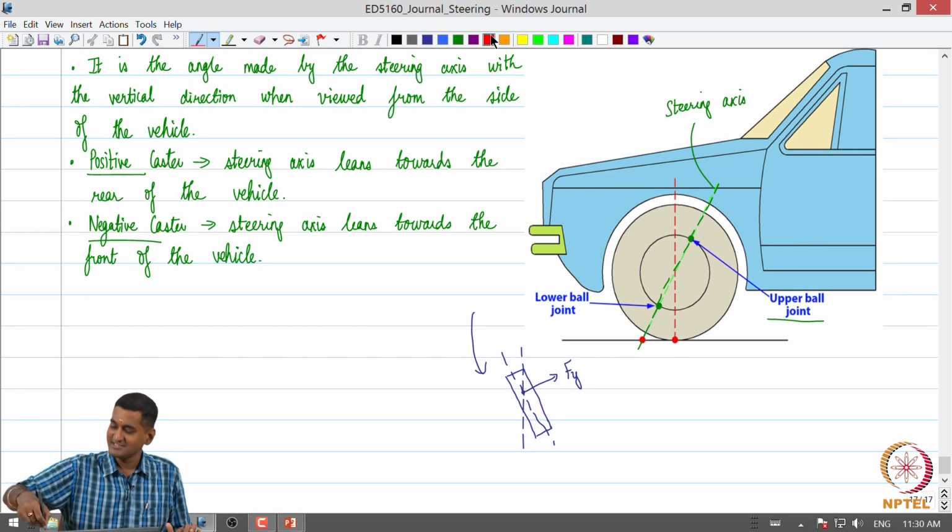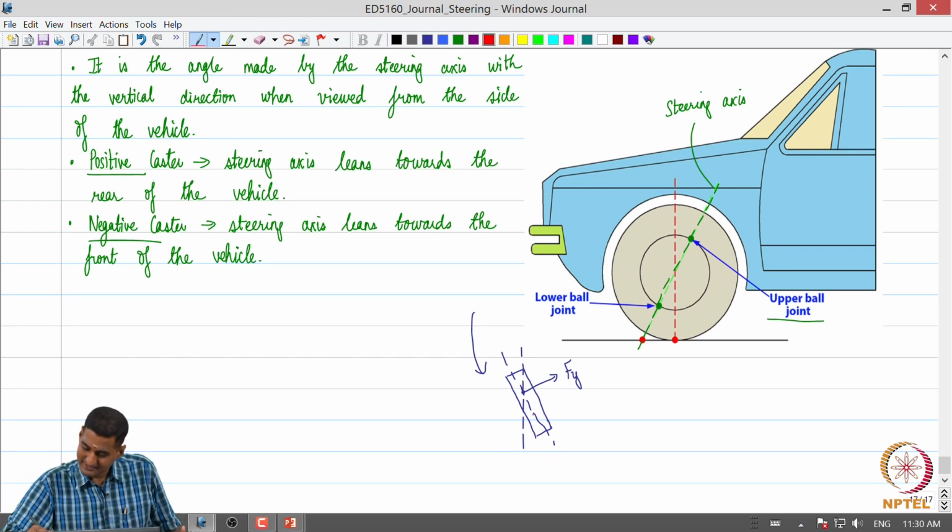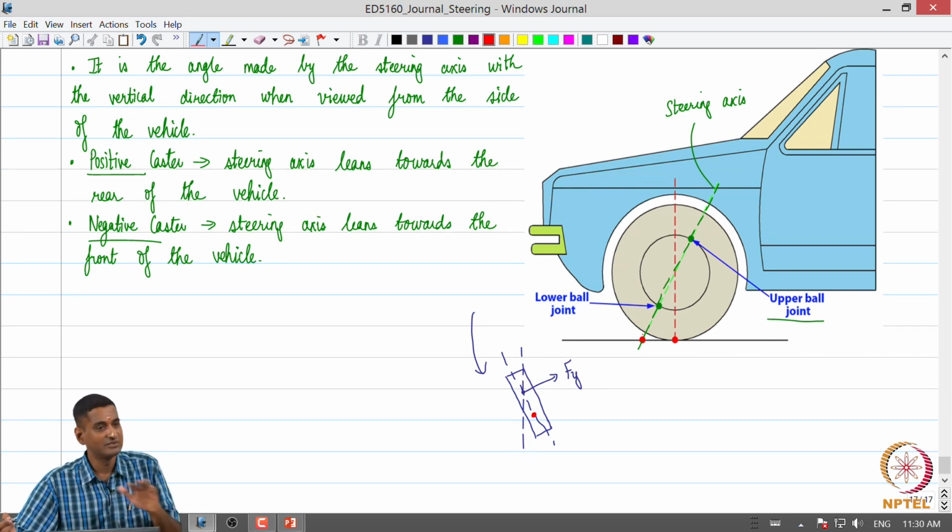If you project the steering axis, it will intersect the ground somewhere here, ahead of the tire road contact patch. That is a result of this caster being positive.